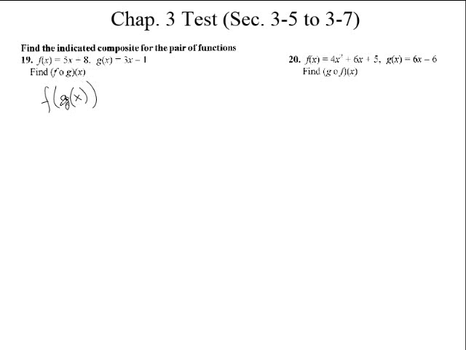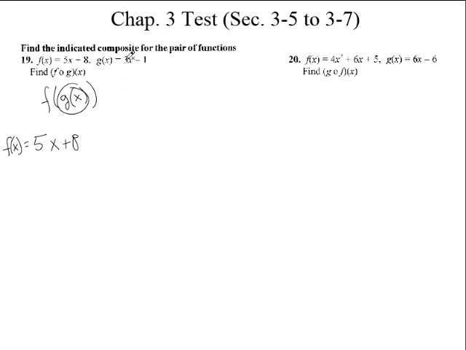So let's see what we're going to do. We're going to do the g function first. We're going to take the g function and put it into the f function. We're going to take this, which is 3x minus 1, and we're going to put that into the x in the f function. Well, what's the f function? Let's write it down. F of x is 5x plus 8.